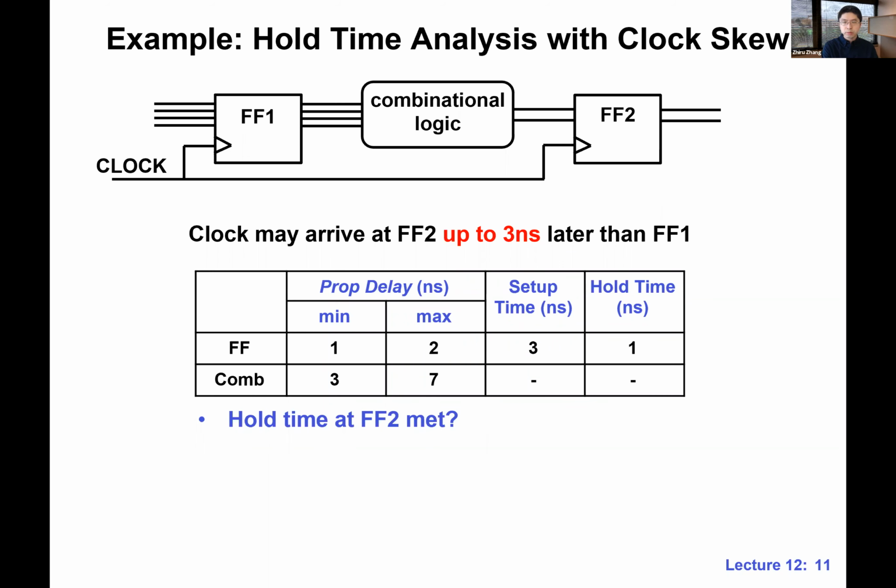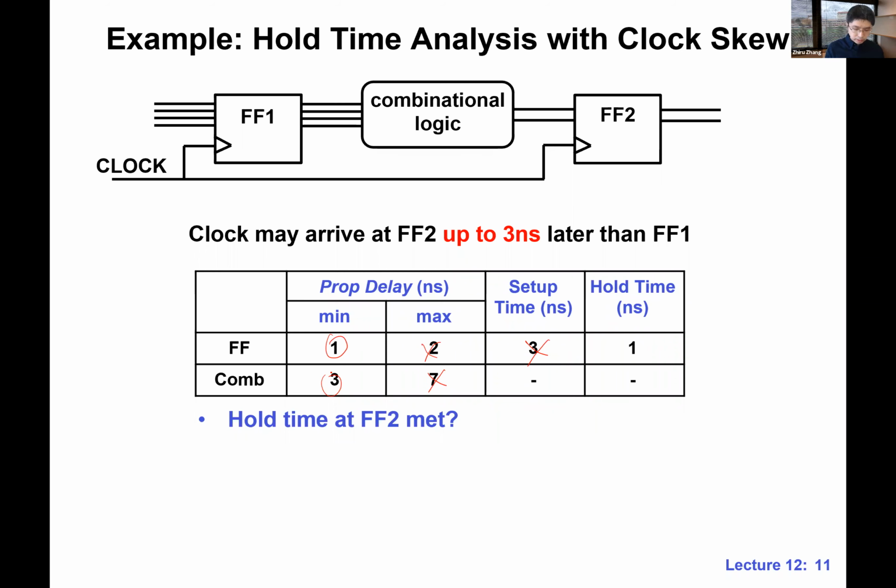Is this positive or negative? Very good, positive. Then tell me, do we have a hold time violation or not? Which numbers do we pick up? We don't care about setup time, that's something that we already agreed. We don't care about the max propagation delay. It's really about the minimum ones.